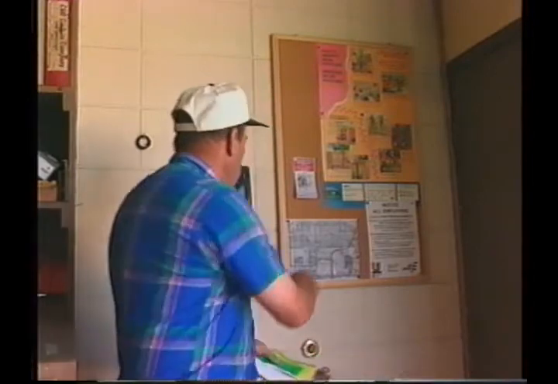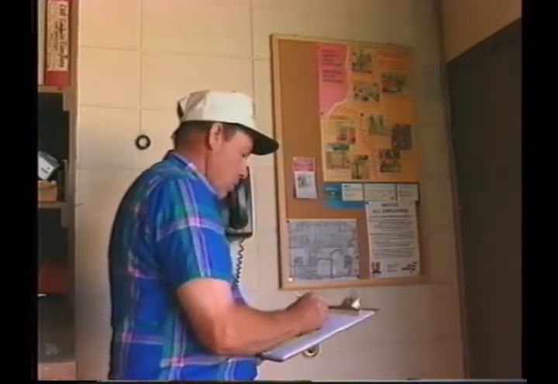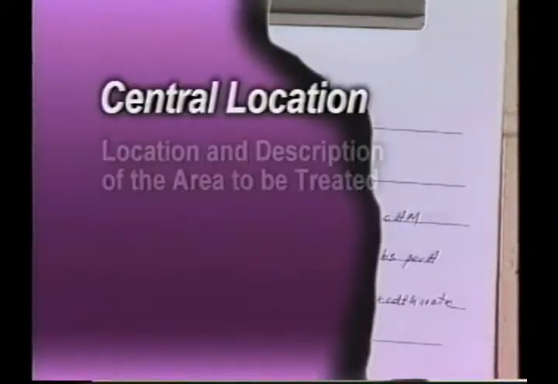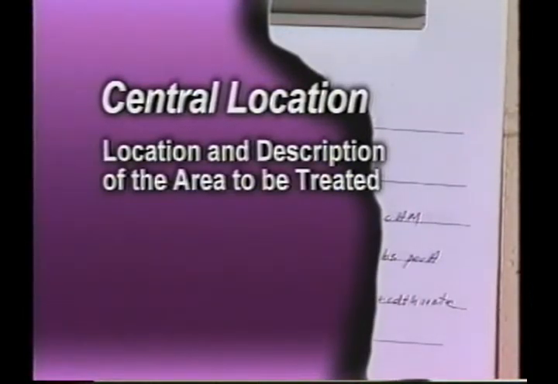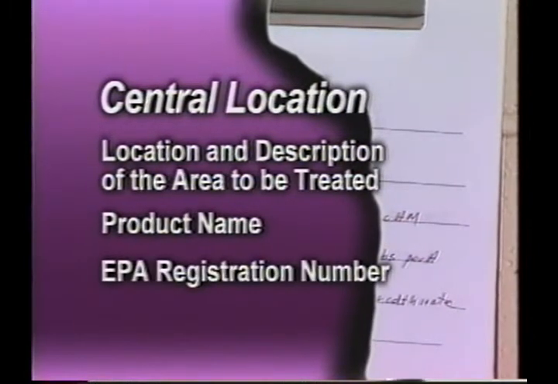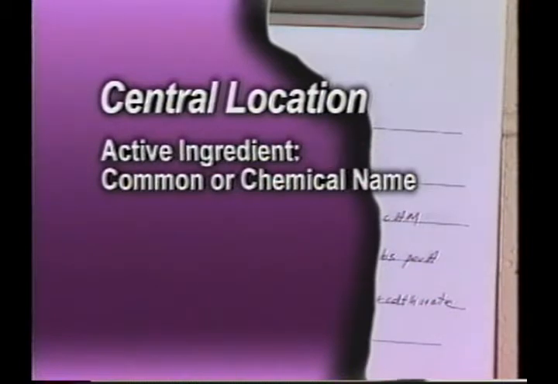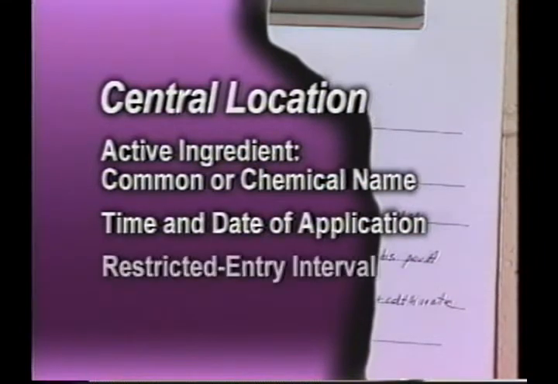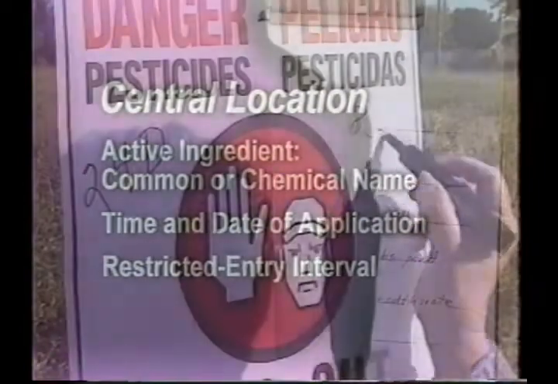There are several ways to find out if pesticides are being applied. No sooner than 24 hours before the scheduled application, an announcement will be posted in a central location. It tells the location and description of the area to be treated, product name, EPA registration number, active ingredient, common or chemical name, and the time and date of application and restricted entry interval.